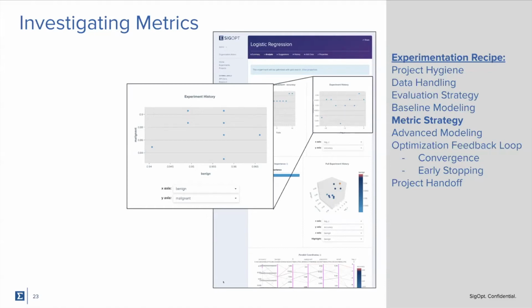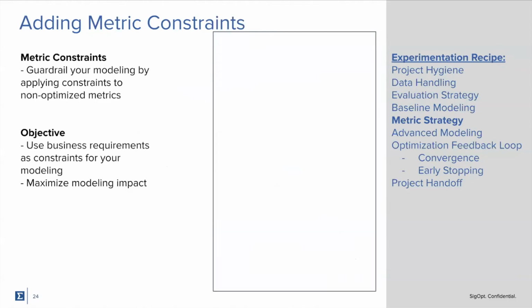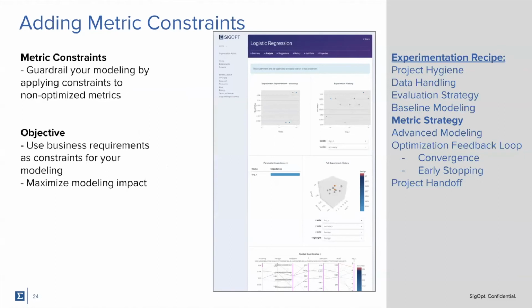So let's see what we can do about that. One very nice feature that we have developed is what we call metric constraints. Metric constraints allow you to put constraints on these unoptimized metrics. Again, this is different from constraint optimization within the convex optimization realm.